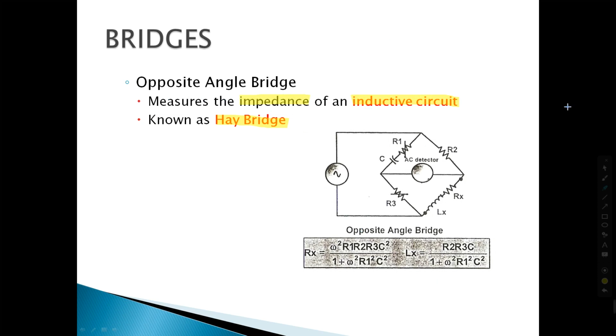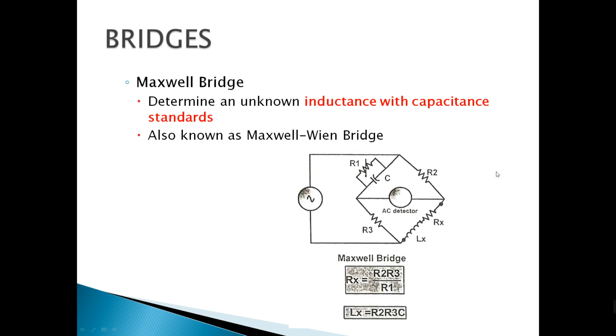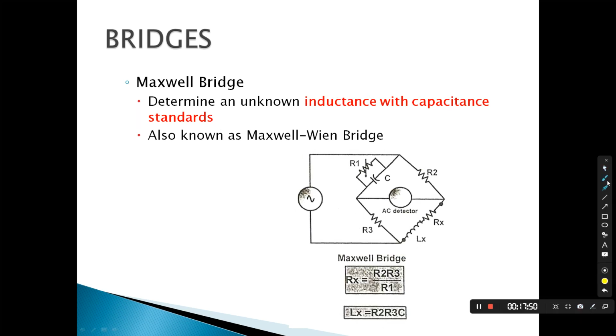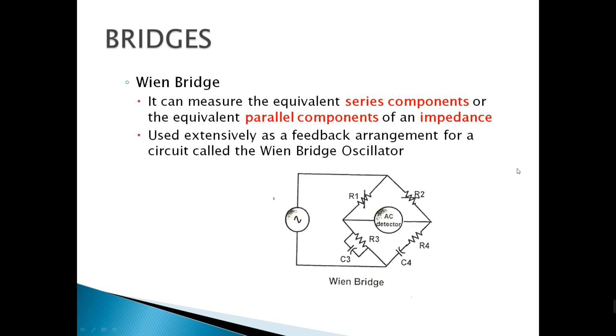Next kind of bridge is what we call the Maxwell bridge. So for Maxwell, take note, inductance with capacitance standards. Also known as Maxwell-Wien bridge. Next we have Wien bridge.